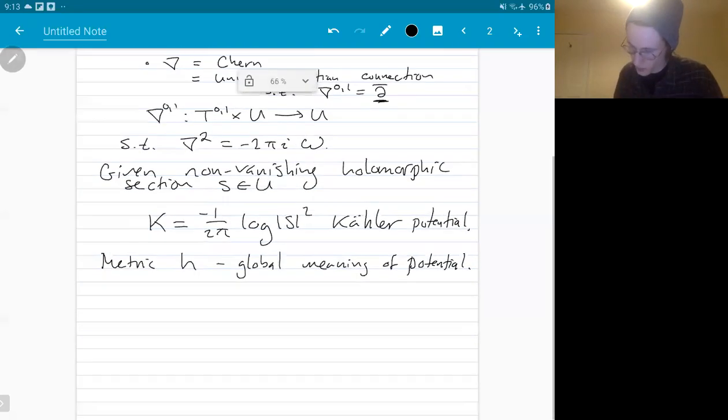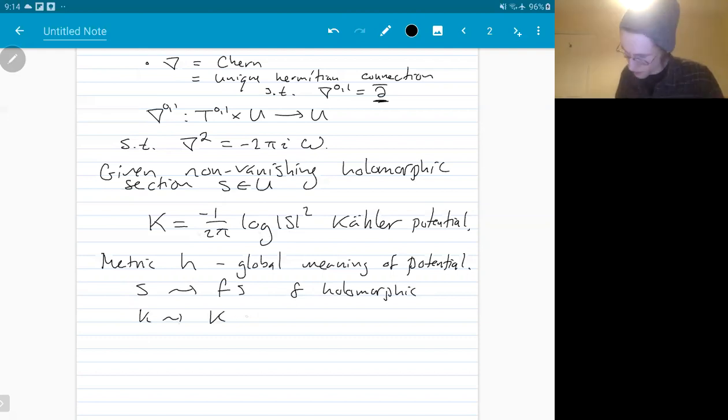So of course, if we vary the section to another holomorphic section, they differ by a holomorphic function. And so if we replace S by F times S, where F is a holomorphic function, then K would get replaced by K minus 2 pi logarithm of the norm of F squared, which is harmonic, I guess.